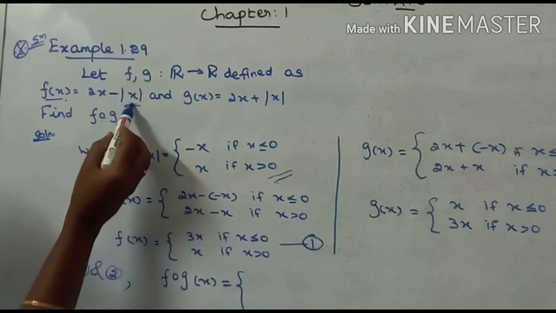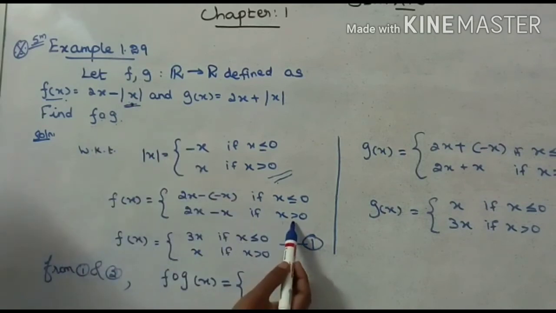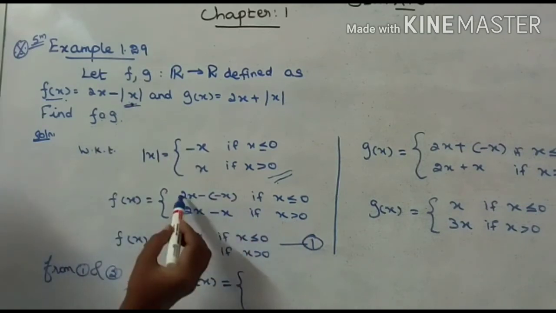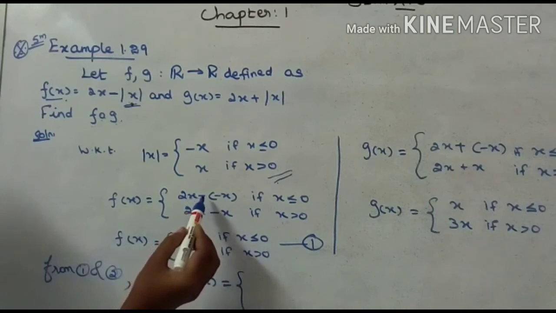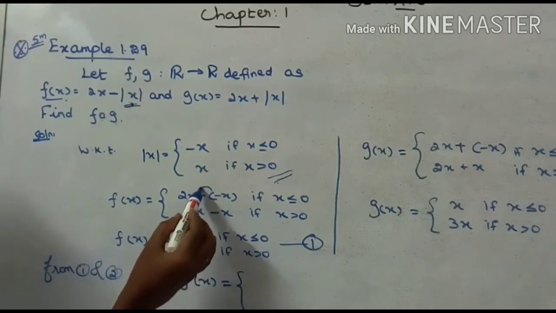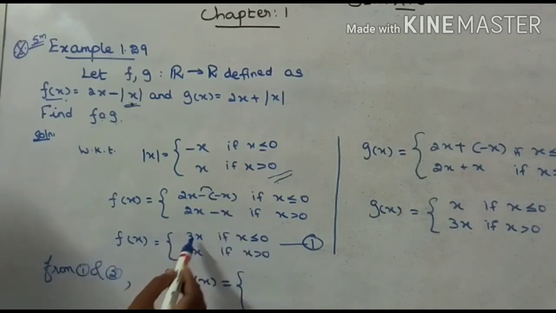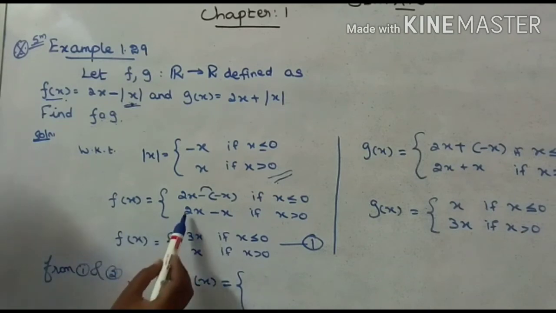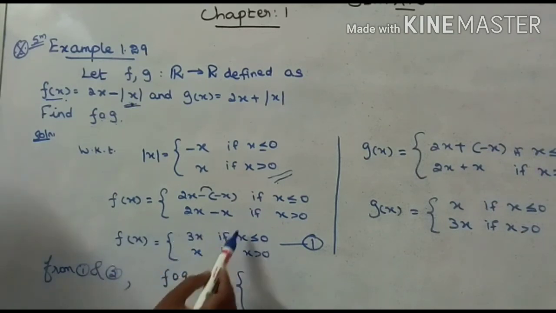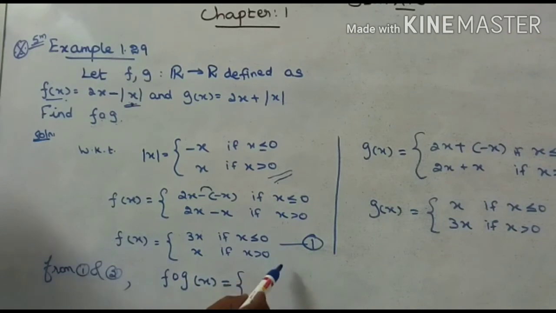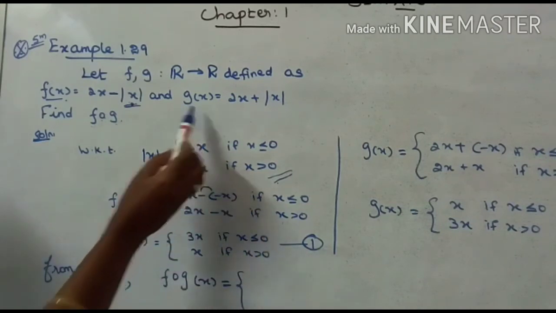Here we take the positive interval, x greater than 0. So simplify this. 2x minus of minus x gives positive, so 2x plus x is 3x, and 2x minus x is x. Write that interval. Take this as the first equation.